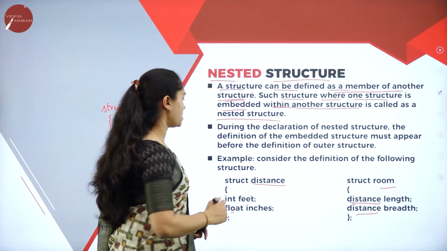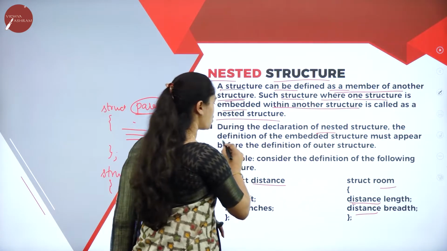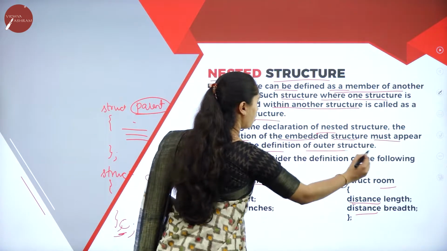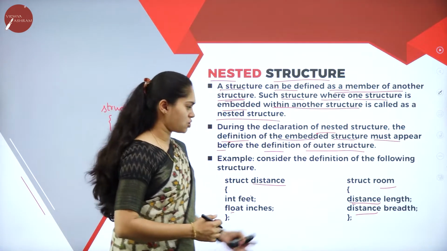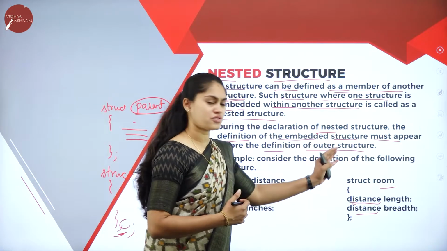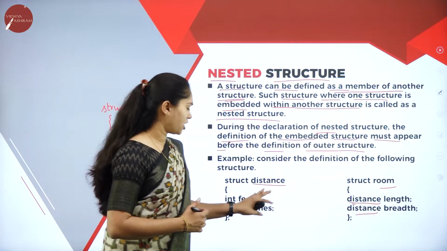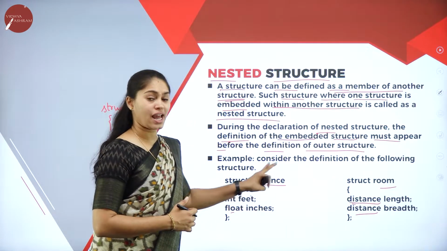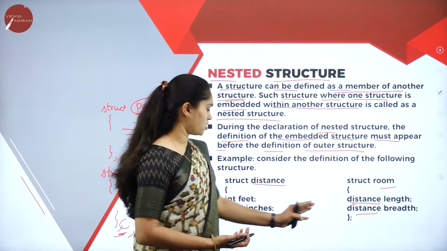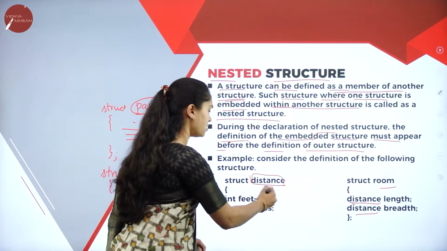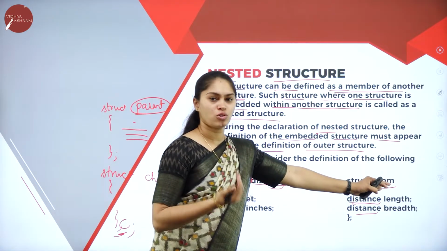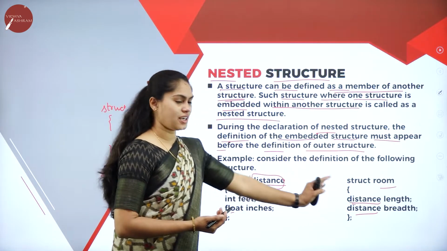In a nested structure, the definition of the embedded structure must appear before the definition of the outer structure. If I want to have the members of a structure here, I have to define it first. Only then can I take it as a member of this structure. So now distance is one structure, and I am using it as a member of my room structure. That is the nested structure.